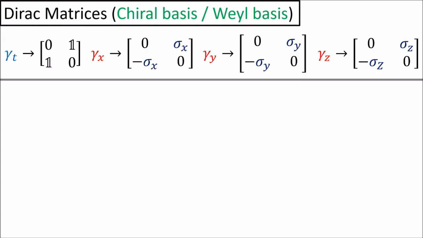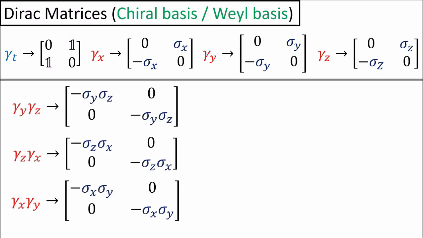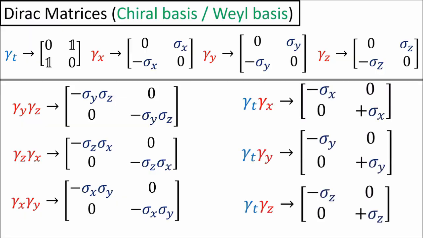If we write the gamma vectors in their block diagonal form, we can consider what all the gamma bivectors look like as well. The bivectors are just pairs of gammas multiplied together. If we look at the 6 main basis bivectors in spacetime, we see in the chiral basis all the matrices are in block diagonal form.